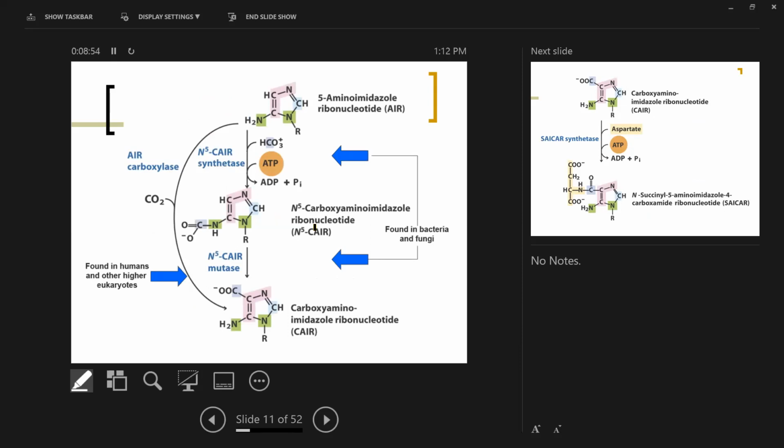In humans, we have AIR carboxylase. We stick the carboxyl group here, just like that. So we get a carboxyl group there, and that's AIR carboxylase. Simpler. It's just one step.